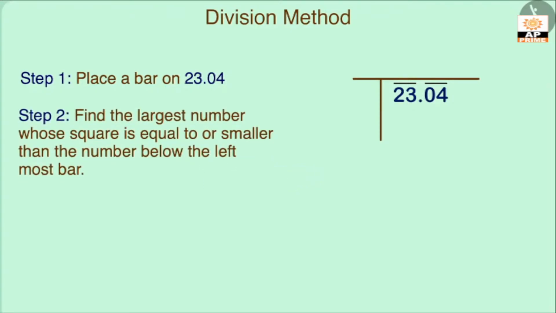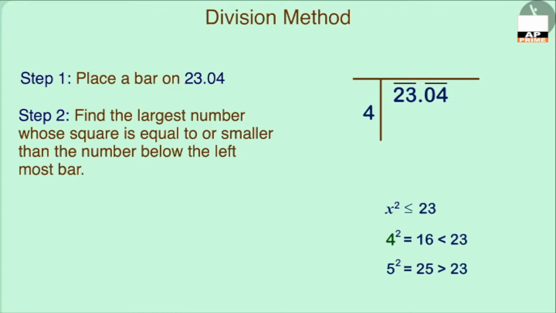Note that adding the 0 after the last non-zero digit of the decimal number does not change the value of the number. After placing the bar here, the next step will be to find the largest natural number whose square is equal to or smaller than the number below the leftmost bar. That is, the number whose square is equal to or smaller than 23. The square of 4 is 16, which is smaller than 23, and the square of 5 is 25, which is larger than 23.